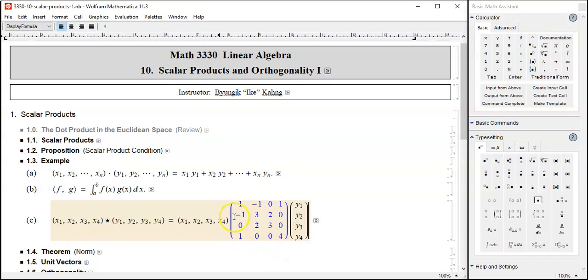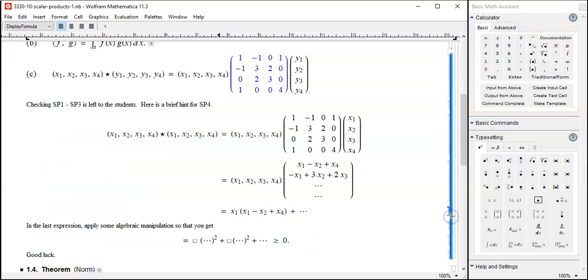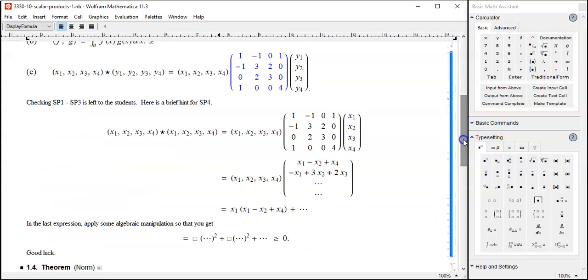So yes, this is indeed a scalar product. The brute force computation of positive definiteness, well, you can go about all these. Here's a bit of a hint, and then you can actually prove it using completing the square. Good luck.